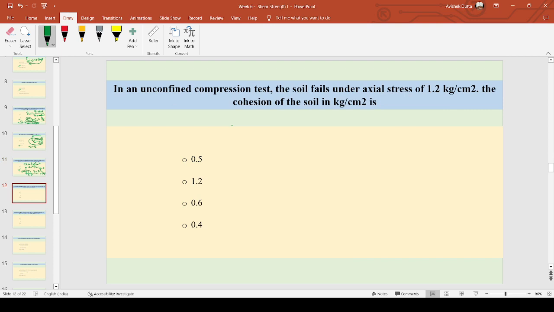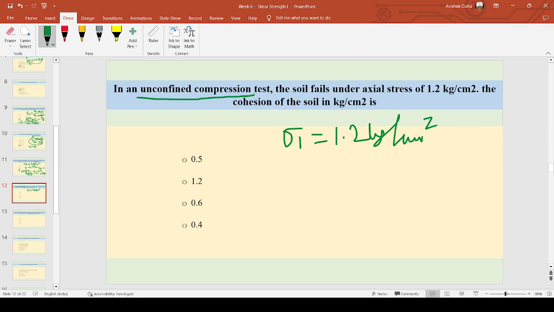In an unconfined compression test, the soil fails under an axial stress of 1.2 kg per centimeter square. The cohesion of the soil is? Now, since the axial stress is given, sigma 1 equals 1.2 kg per centimeter square, and as I said, it is an unconfined compression test.